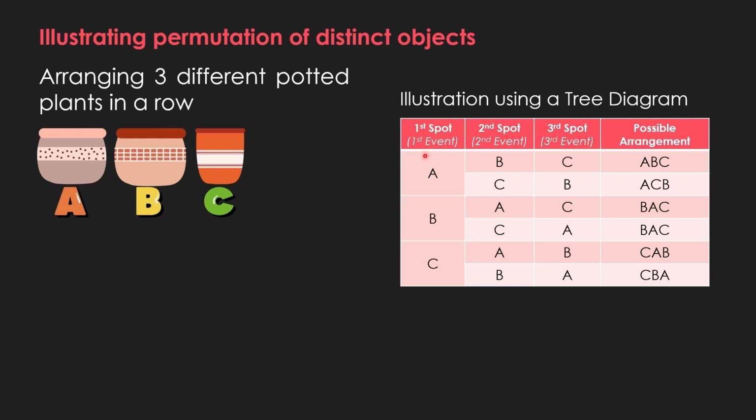So you have to consider the spots for the potted plants. We will just call that a spot. There would be the first spot, the second spot, and the third spot. Now, the first spot, where you will put the first plant, we will call that our first event. You start with the first spot, and what plant you will put there. After that, the second spot you will consider as the second event.